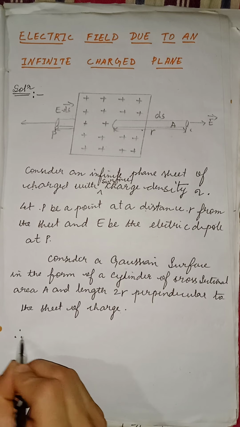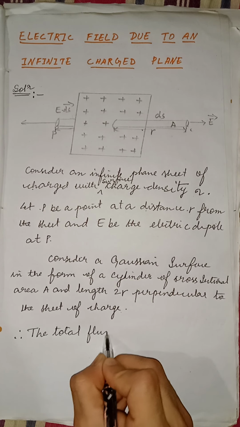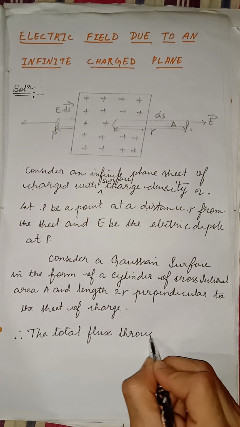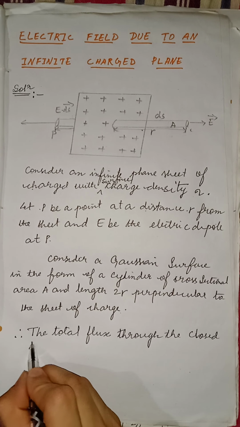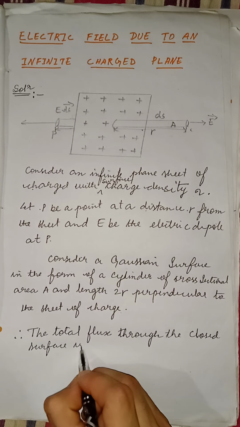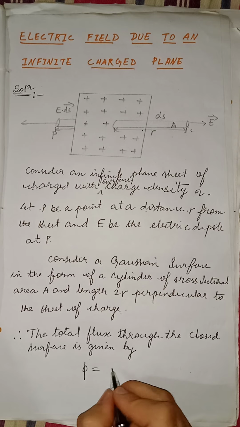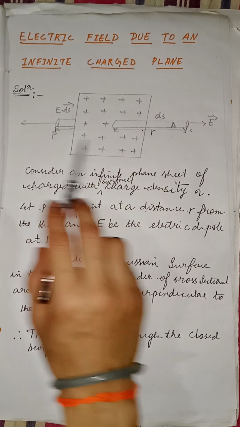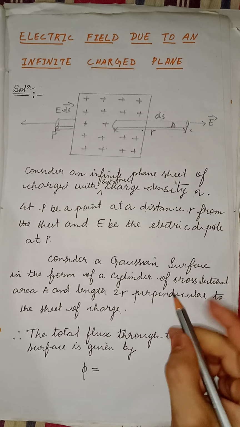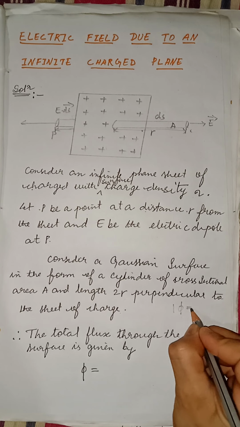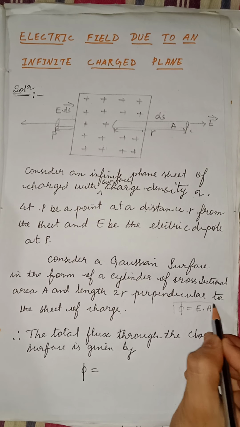Therefore, we can write, the total flux through the closed surface is given by phi equals, since we know the formula of flux, phi is equal to electric field into area A. This is the formula of electric flux.